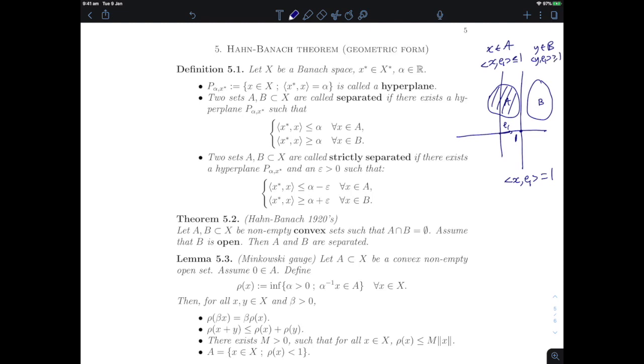One is on the left of that vertical line, and the other one is on the right of that vertical line.